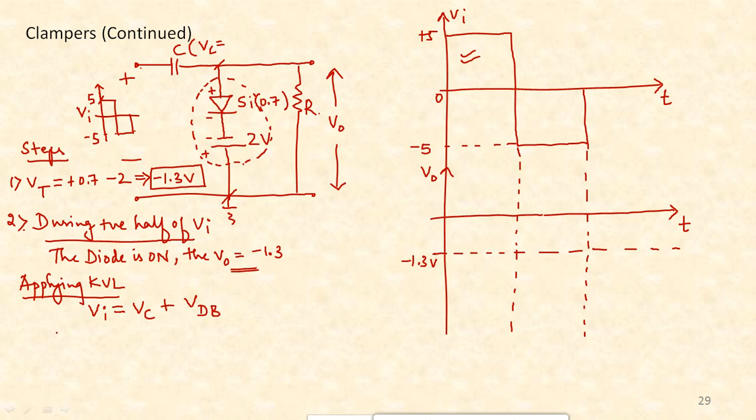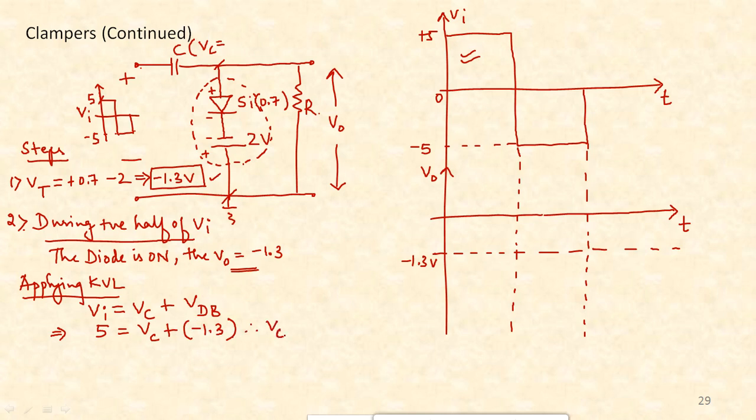So in that sense, what is the input during the positive half? Plus 5 volts equals Vc plus the maximum drop across the diode and the battery. It is nothing but the transition voltage itself, that is minus 1.3. So what do we get?